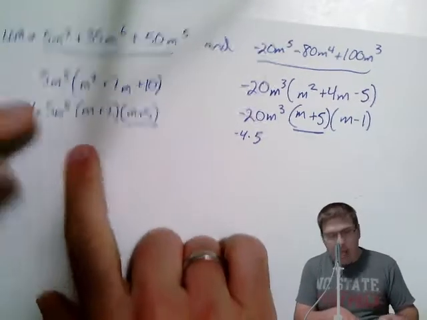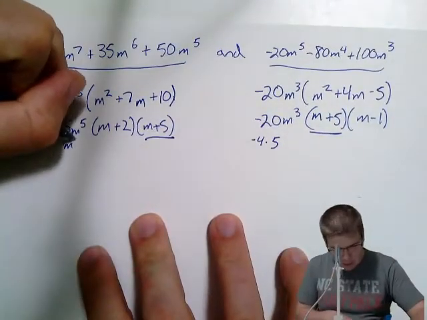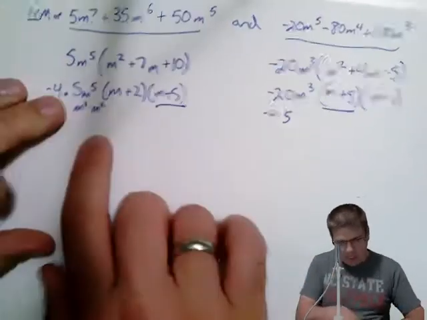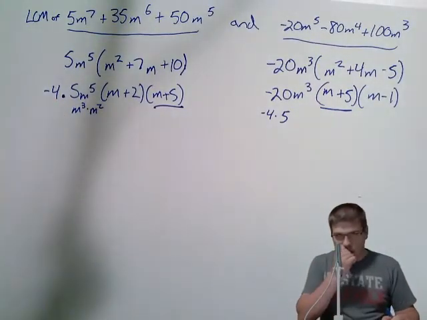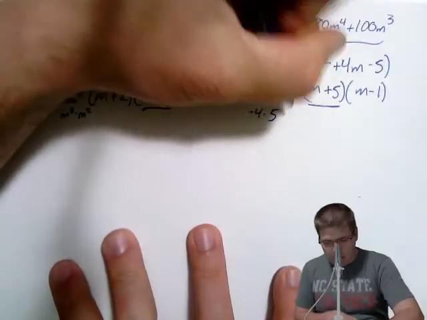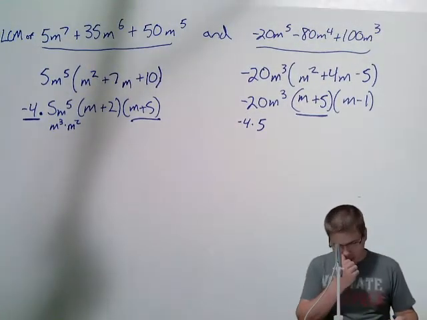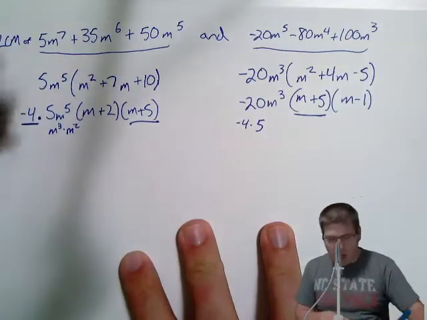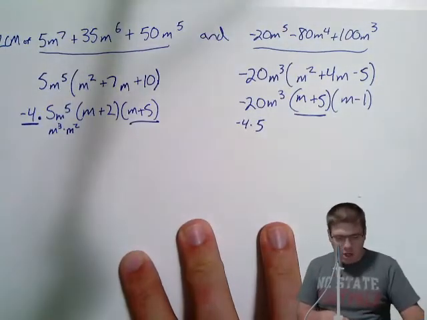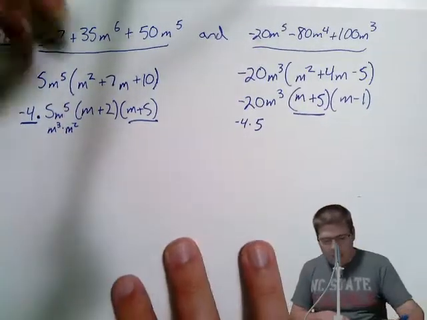The right side, notice I have m to the fifth here and m cubed. We could write this as m cubed times m squared. So I need to get my m squared over here, so we could multiply by that over here. So ultimately we added that times negative 4 to this side. The m to the fifth was already covered. Over here, we can multiply by m squared.